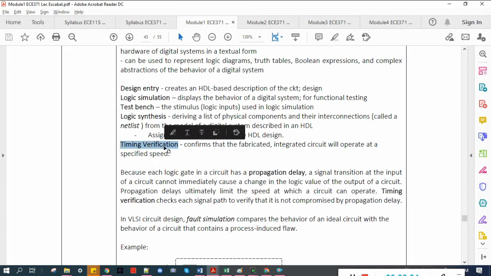Timing verification. We want our circuit to function correctly, therefore we need to verify that the timing constraints or timing requirements are met for the circuit to output the expected output.